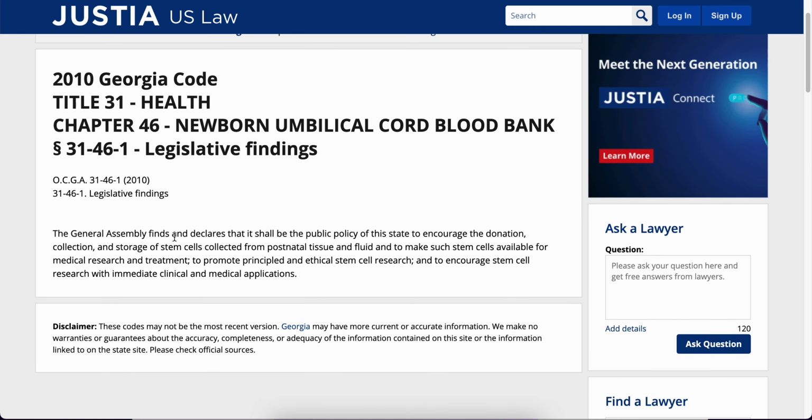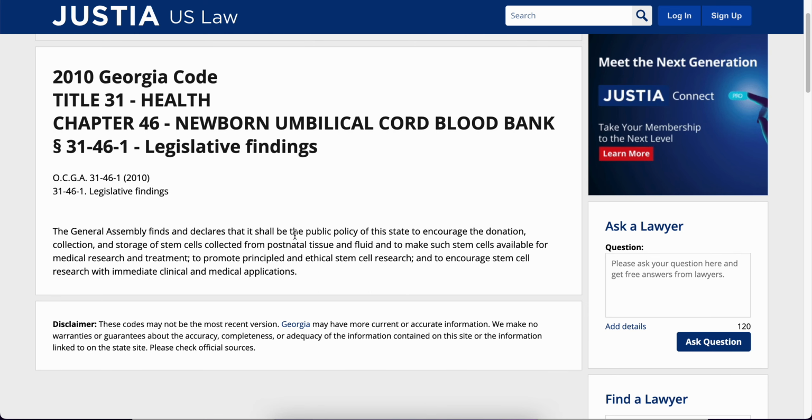The General Assembly finds and declares that it shall be the public policy of this state to encourage the donation, collection, and storage of stem cells collected from postnatal tissue and fluid to make such stem cells available for medical research and treatment, to promote principled and ethical stem cell research, and to encourage stem cell research with immediate clinical and medical applications.